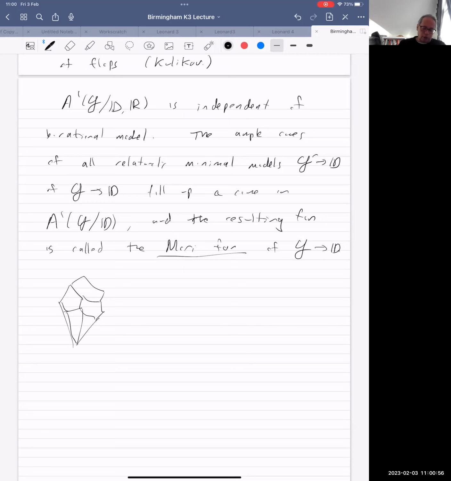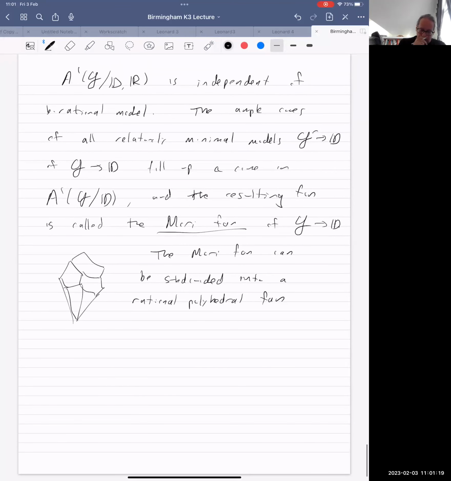So the Mori fan can be subdivided into a rational polyhedral fan, with good behavior with respect to all the various group actions.